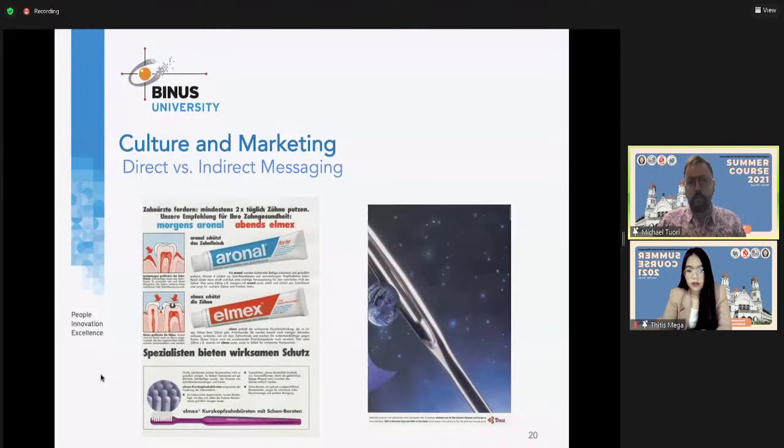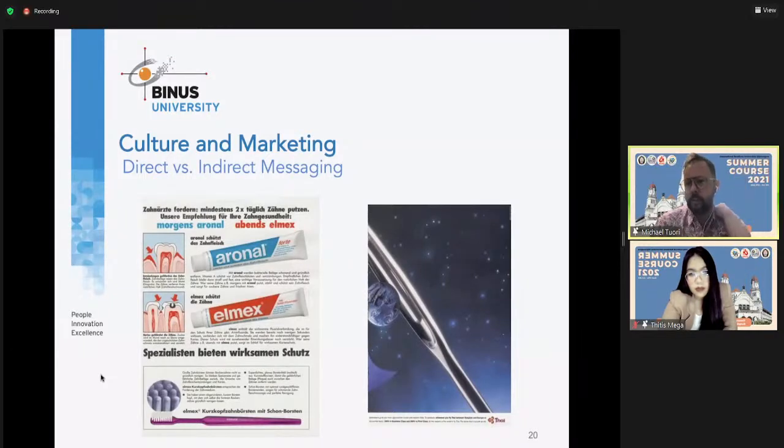The advertisement on the right is very indirect. It's from Thailand. Does anybody know what this is advertising? What the product is? Or what the message is? So it's a picture of a needle. It's a sewing needle.